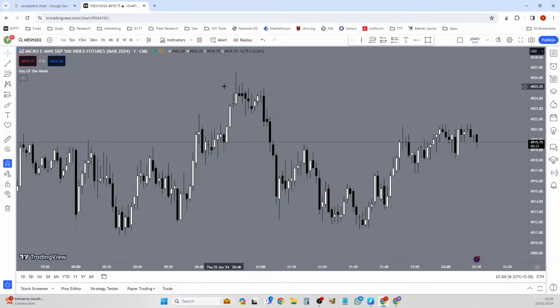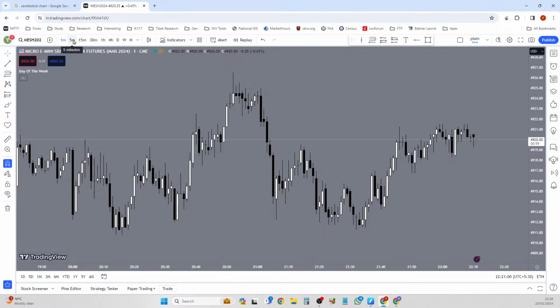Now, over here, you can see this particular candle. One candle is basically demarcating the movement or fluctuation that happened during that particular minute, because every candle is recording the fluctuation for every minute.